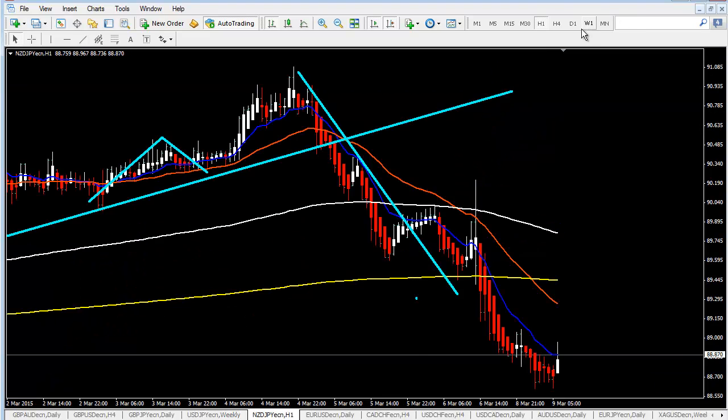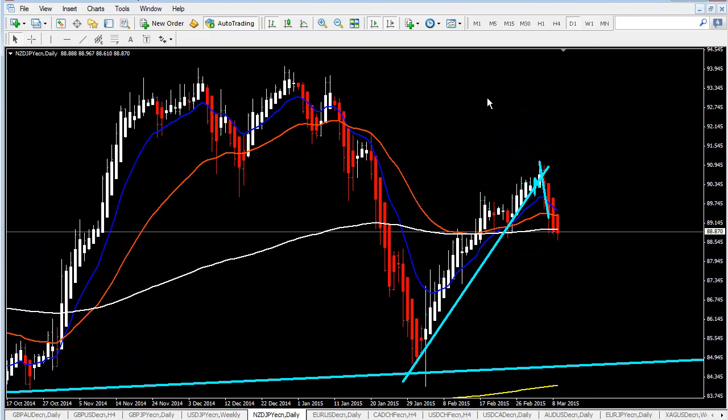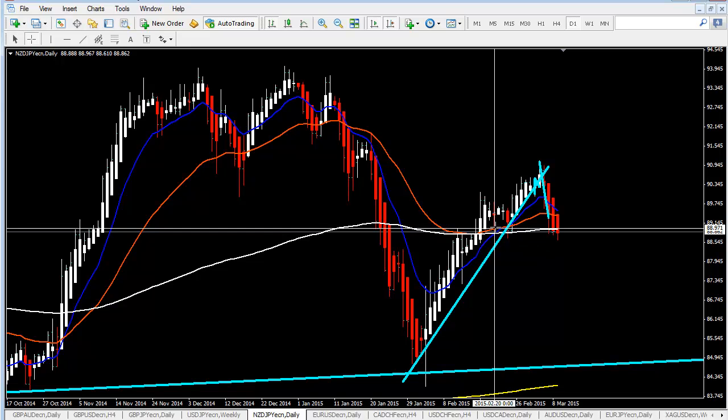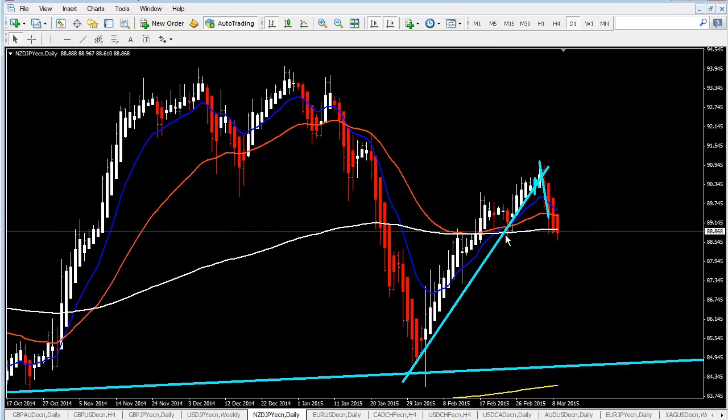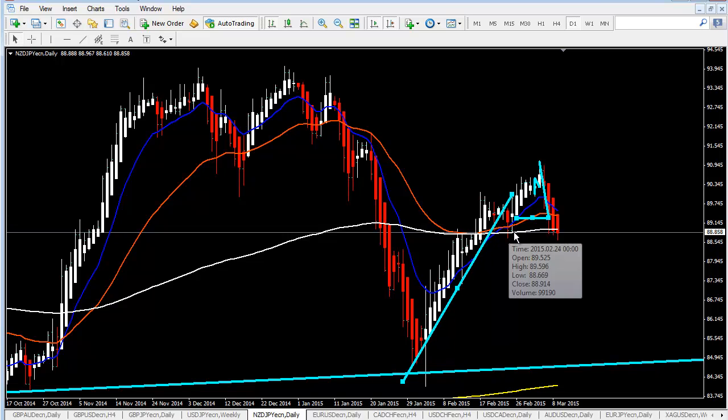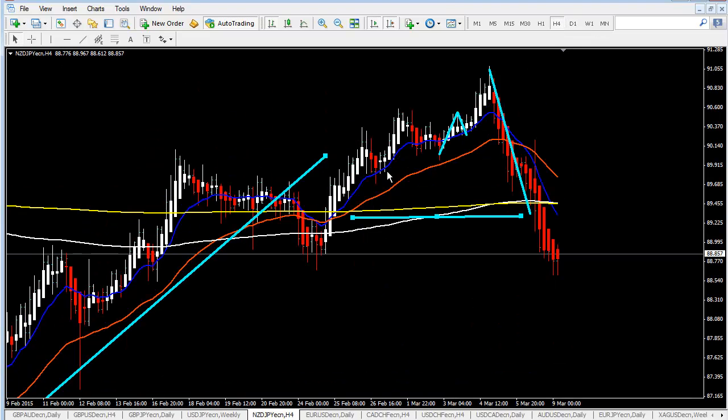New Zealand dollar yen. This is a chart I don't like that much because we didn't get a reaction there. Price went over this area. It didn't really break clear or clean our, at that point, 2 to 3 line. It broke it here, but then it found support at the 200 EMA. Then it moved lower, back up. So really, look at this. We had some lower time frame entries.